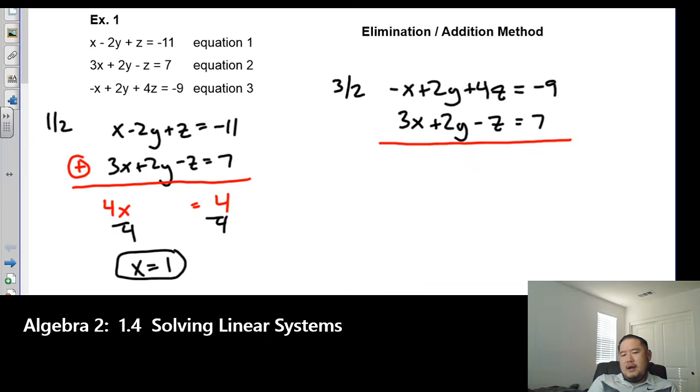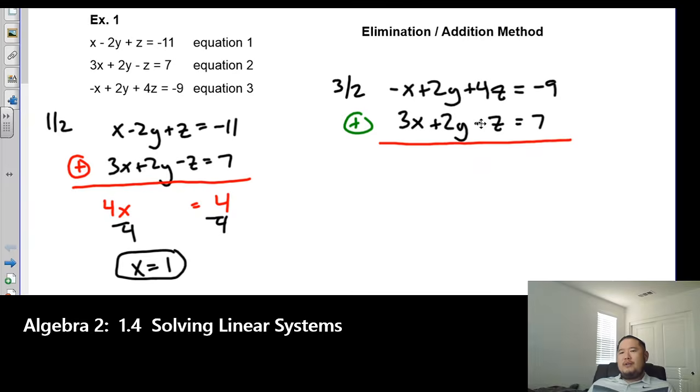Let's say the first time around I wanted to eliminate the z, which I did. If I want to eliminate the z in this equation now, am I able to do that? If I just add things together, will that be possible? 4z plus negative z does not equal 0, and so that doesn't work.